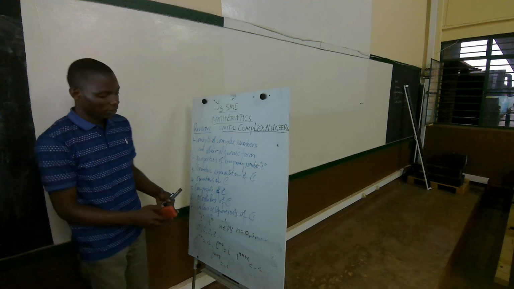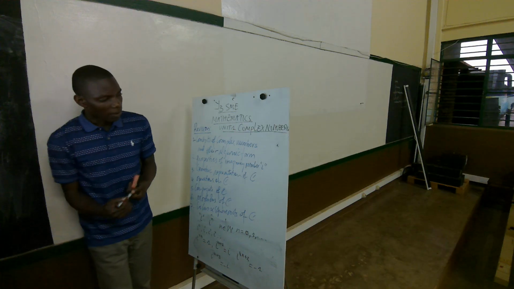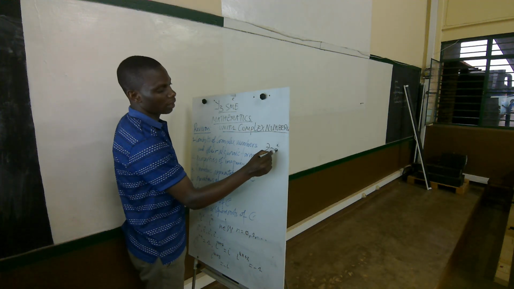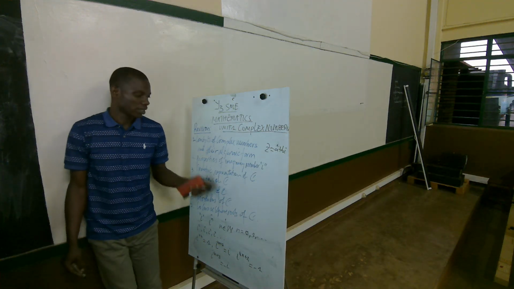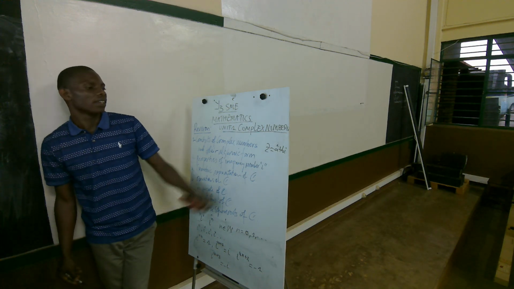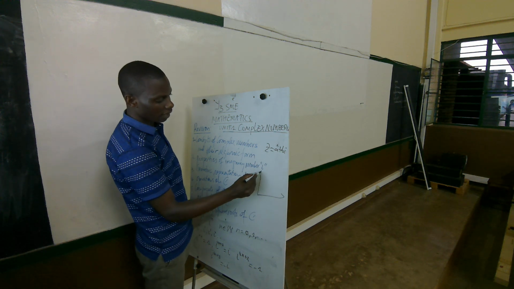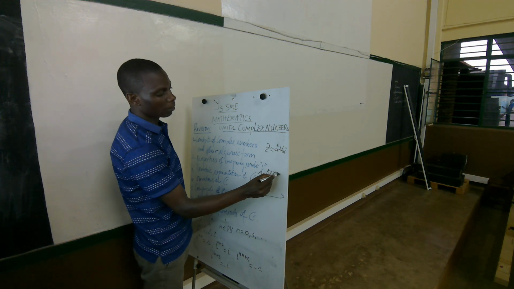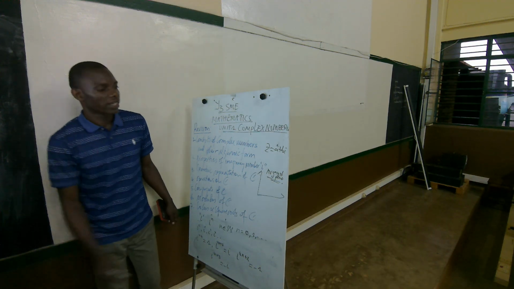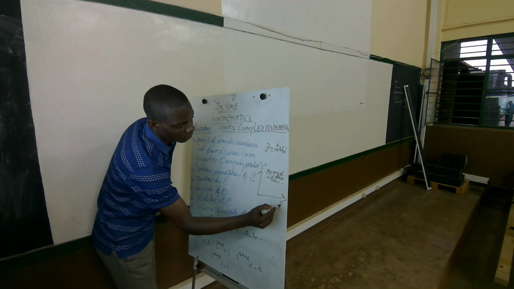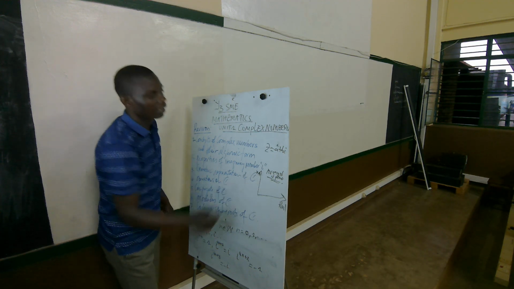Another thing is the geometric representation of the complex number. Our complex number z is equal to a plus bi. We have seen that when we present this complex number in an Argand plane, we draw the Cartesian Argand plane, and we say that this axis is for the real part and this is the imaginary axis.